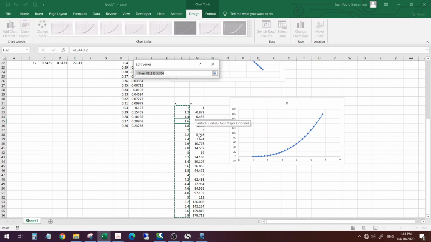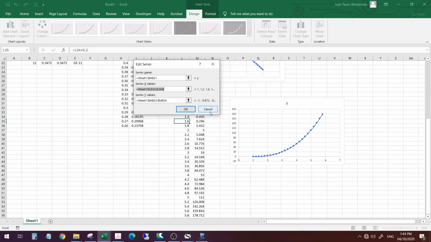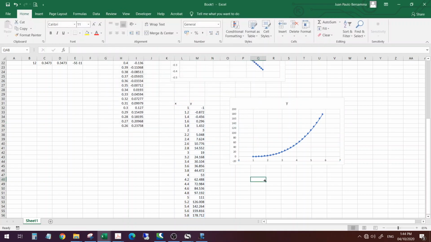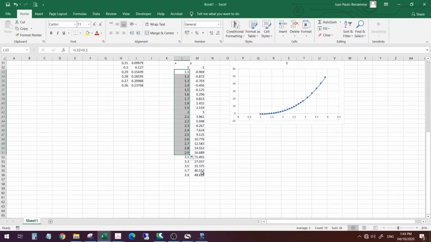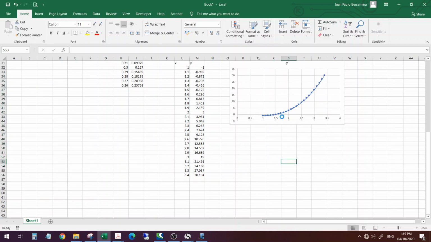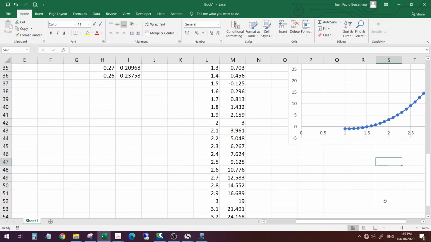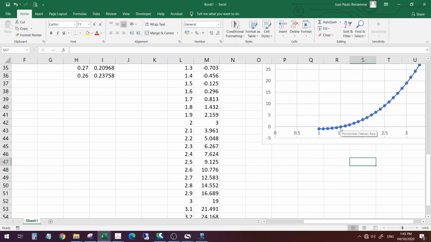That's our x, 1.2 to 1.6. So I'll make this 0.1 only, so we can magnify the solution. Right. So there's another root here.